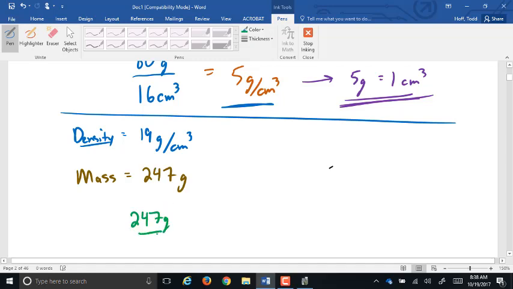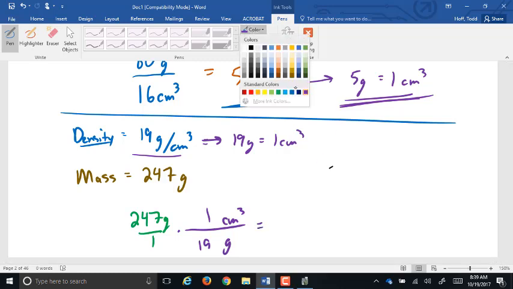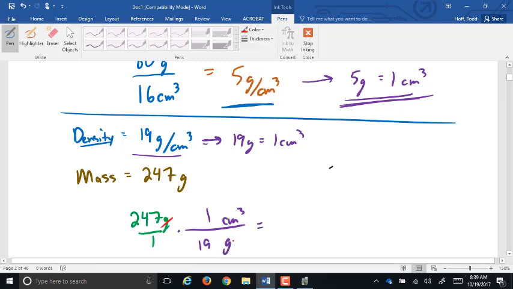247 grams over 1. And we're going to use this equivalency, the 19 grams per cubic centimeter. That means 19 grams equals 1 cubic centimeter. We use grams, cubic centimeters. 19 grams, 1 cubic centimeter. Grams divides out.